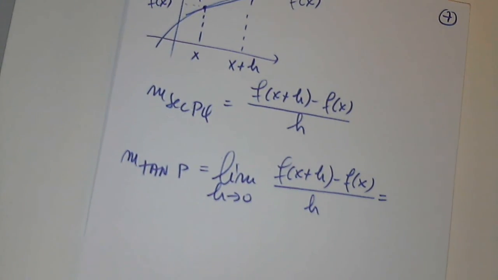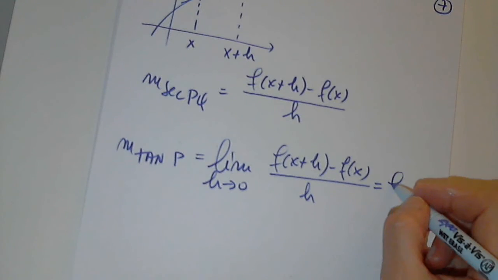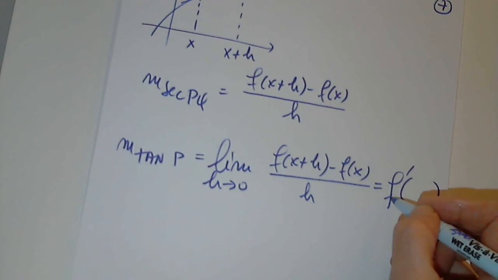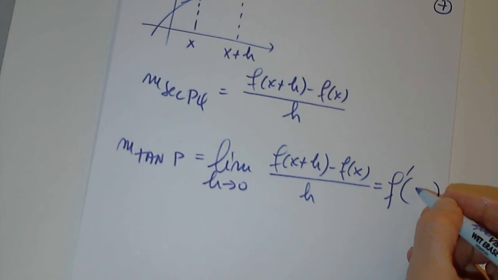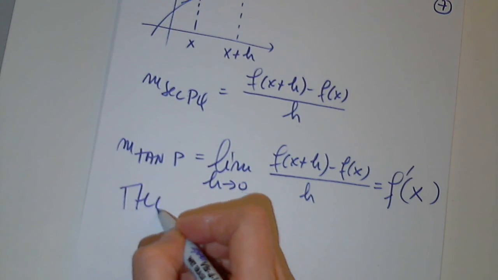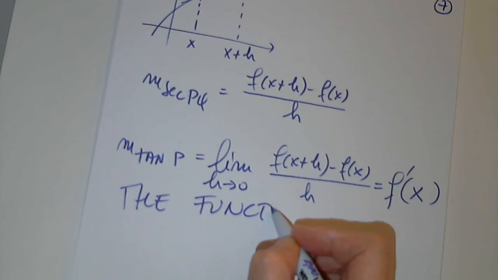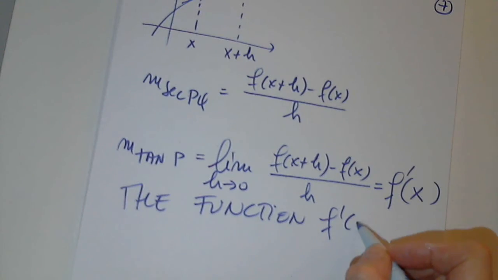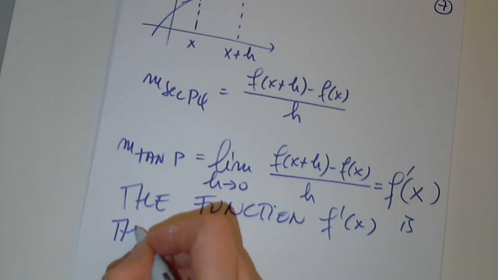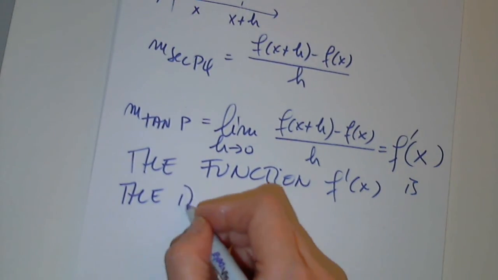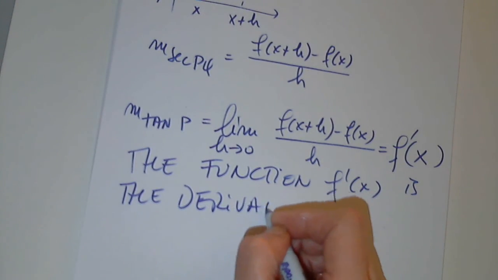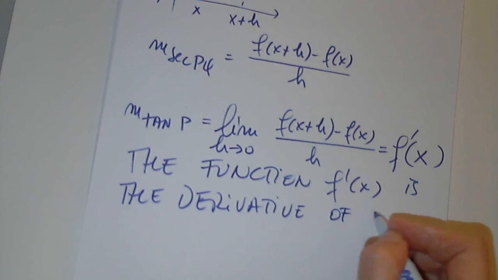But this is not f prime of a, but f prime of x, the function. The function f prime of x is the derivative of f of x.